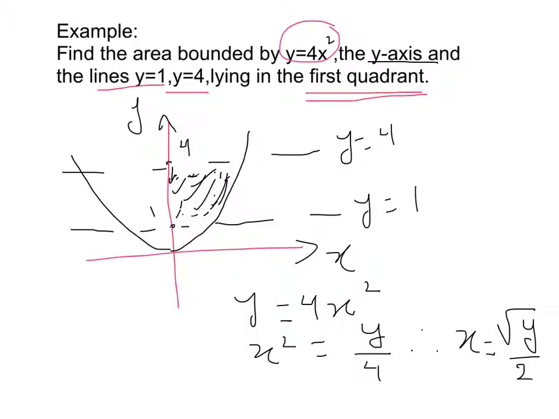Of course, square root 4 is 2. So we'll have to integrate this, and the integration will be from 1 to 4. In the next slide, okay, we'll be integrating.